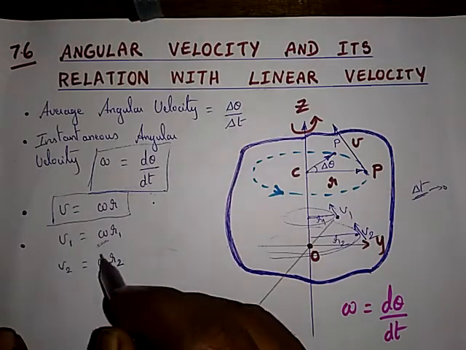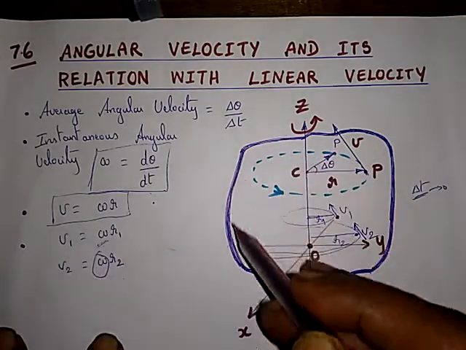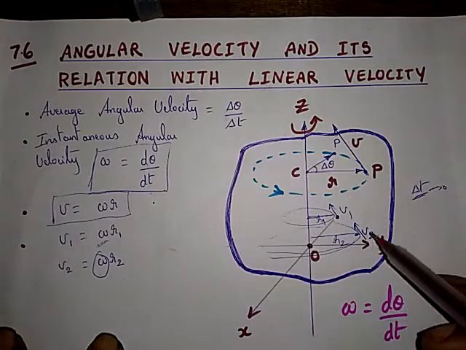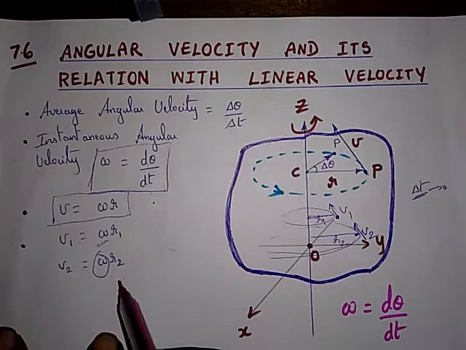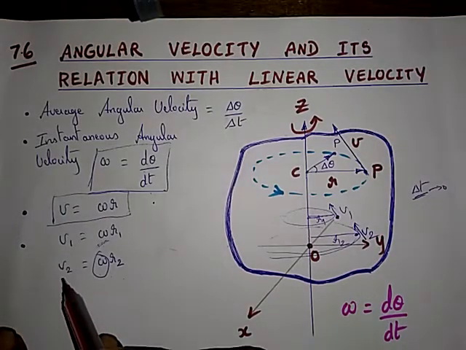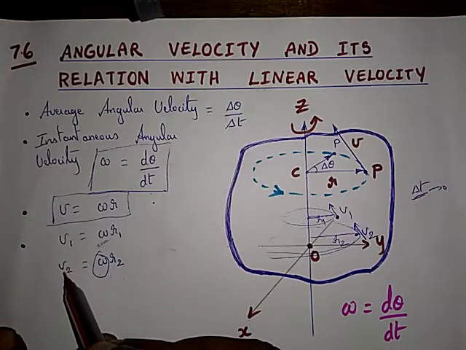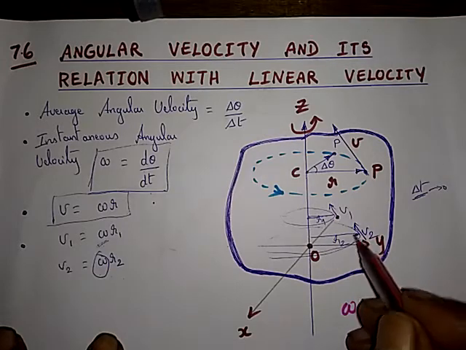Here again omega is fixed because all the particles in this rigid body move at the same angular velocity, whereas the linear velocity depends upon the radius.